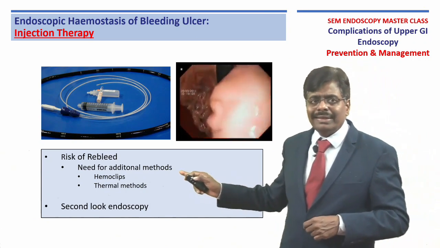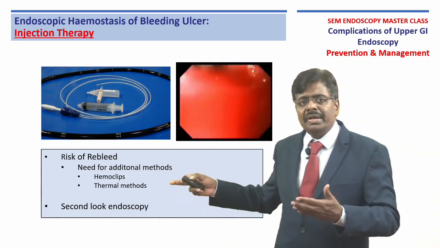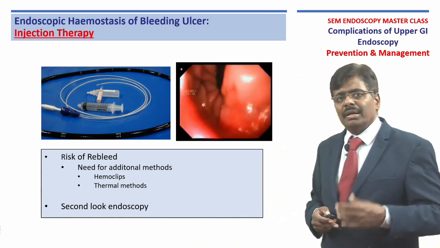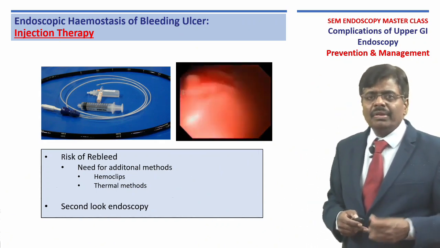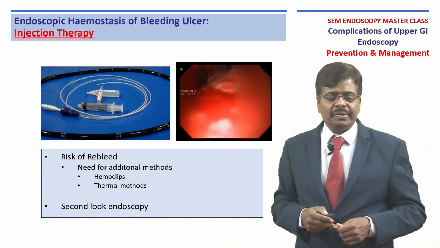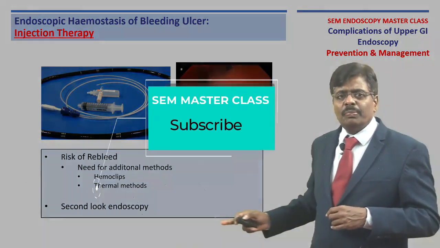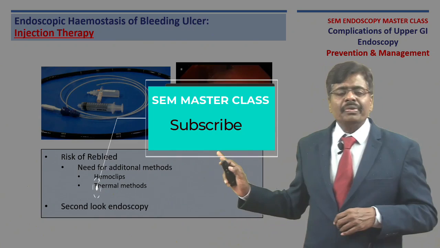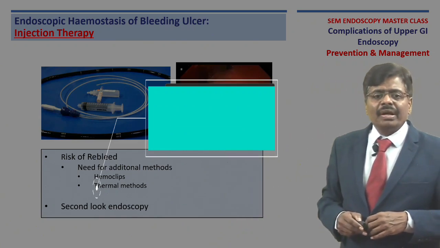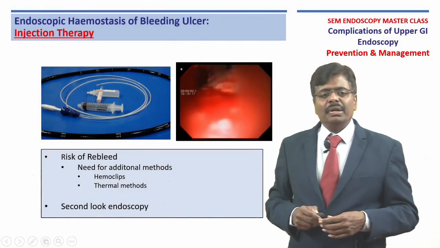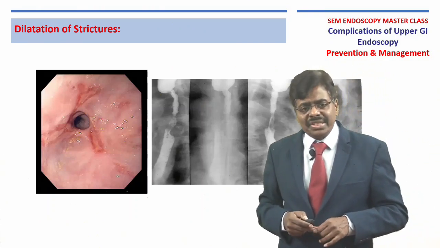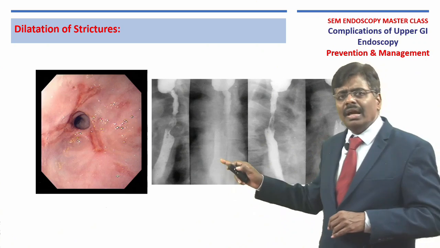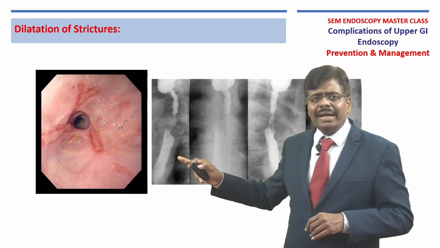So, I always recommend an additional combination like a thermal method, like bipolar diathermy, coaptive coagulation, or hemoclip in some situations. And it is always a good principle that 48 hours later you come back and do the examination once more.